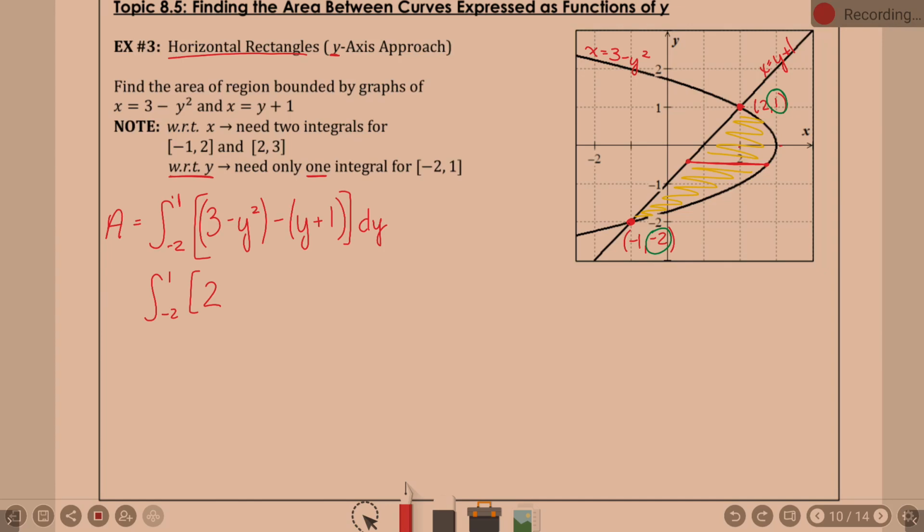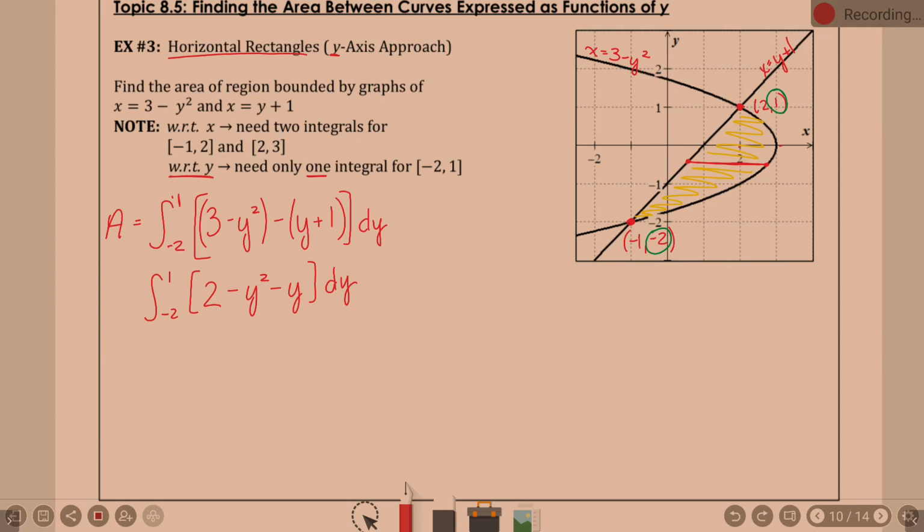It would be 2 minus y squared minus y, because our y squared and y are like terms. Now, if you don't like them in that order, you can rearrange the order. It's not in a very normal order, but it doesn't really matter for what we're doing.